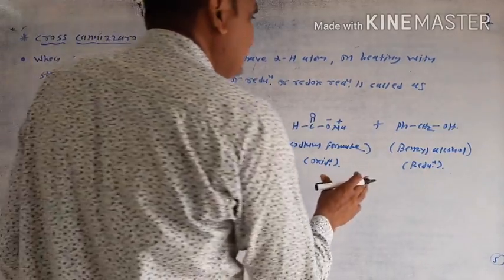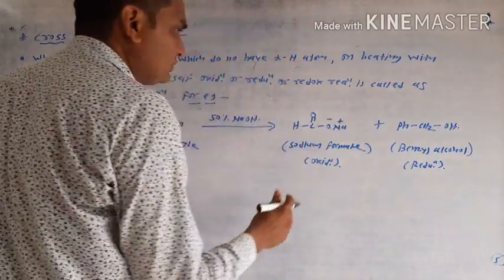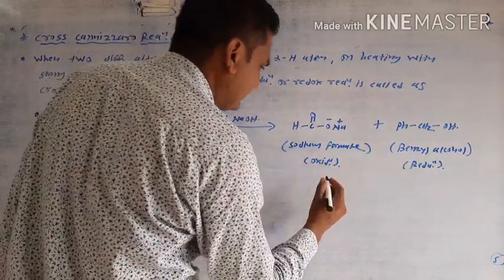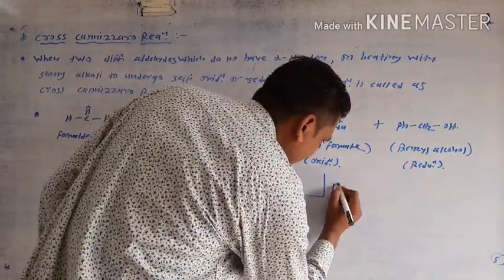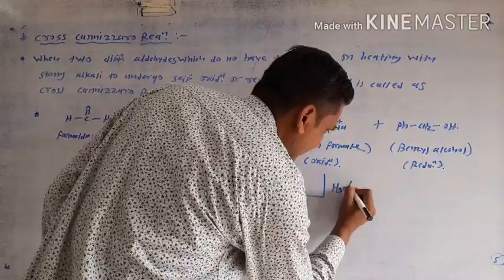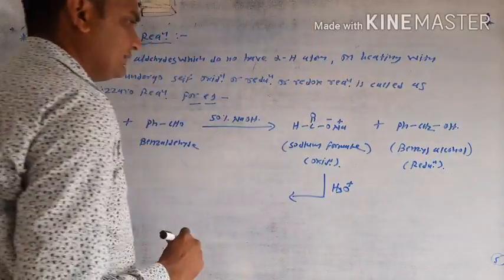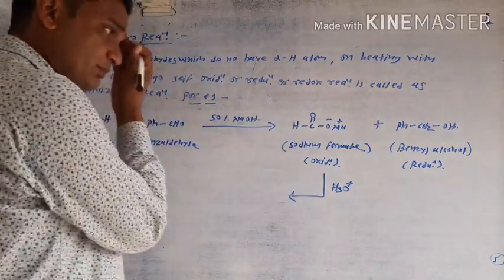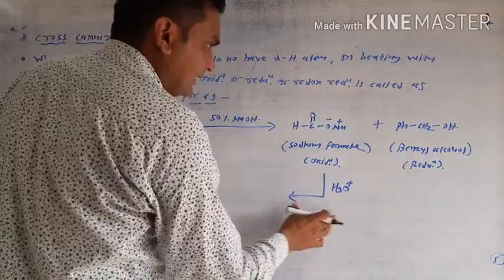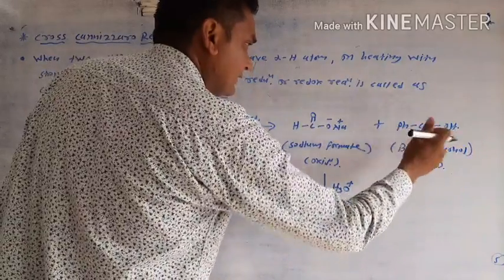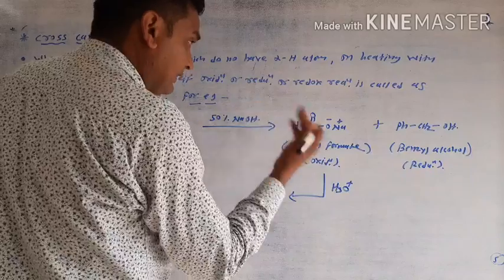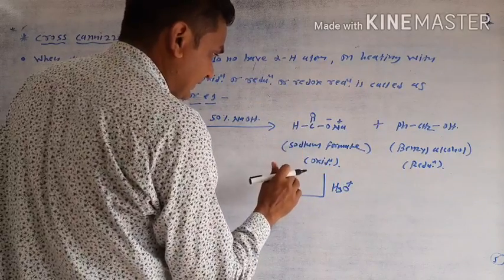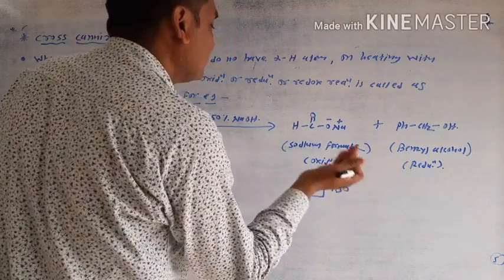After this cross Cannizzaro reaction, suppose that this sodium formate is acidified with H3O plus. This one, the alcohol, does not get acidified, but this product is a salt of the corresponding acid, so it will be acidified to give the corresponding acid.